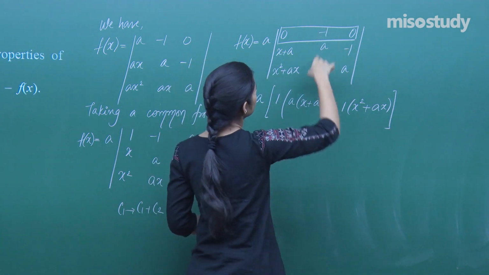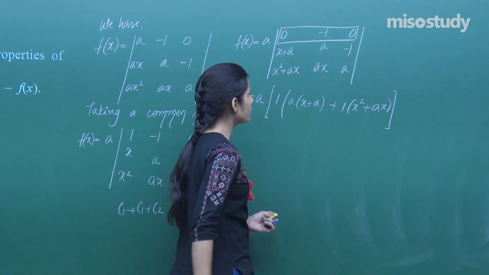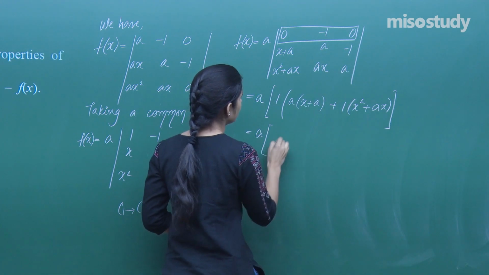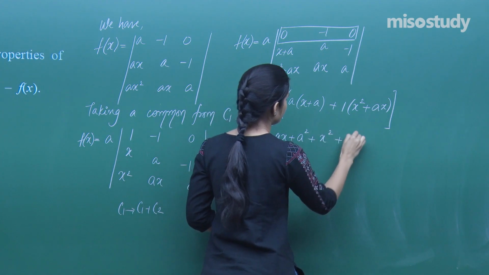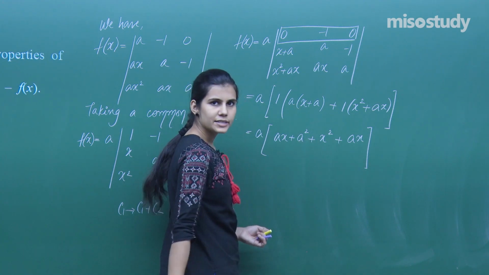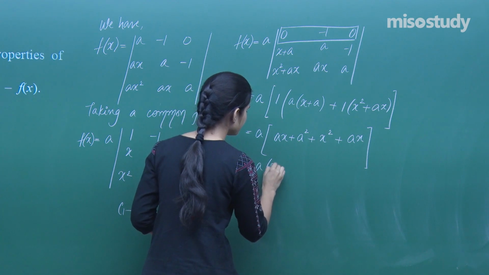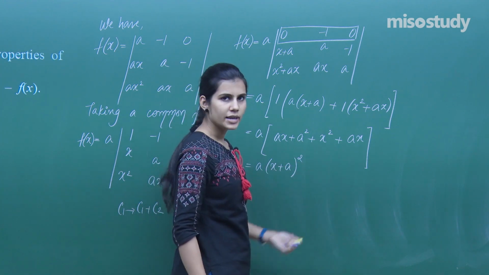Fine, this gone, you have x plus a into a plus 1 into x square plus ax. So this gives me a times ax plus a square plus x square plus ax. So x square plus 2ax plus a square is x plus a whole square.